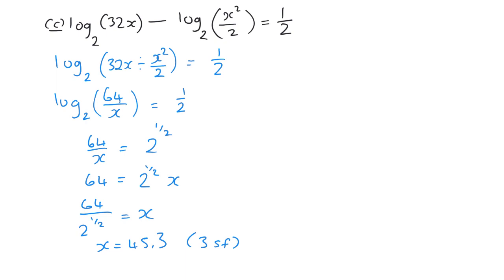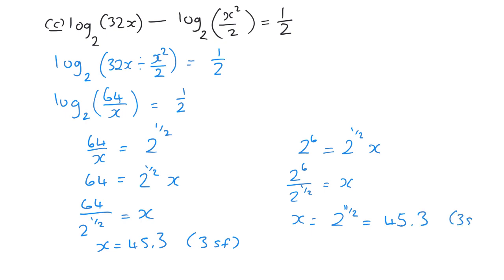If you want to, I probably would make things awkward for yourself, write that as 2 to the power of 6 equals 2 to the power of a half x, because 64 is 2 to the power of 6, and then I'm going to divide, and I get x is 2 to the power of 5.5, or 11 over 2, which is also, see, 45.3. Three significant figures. Either one's fine.